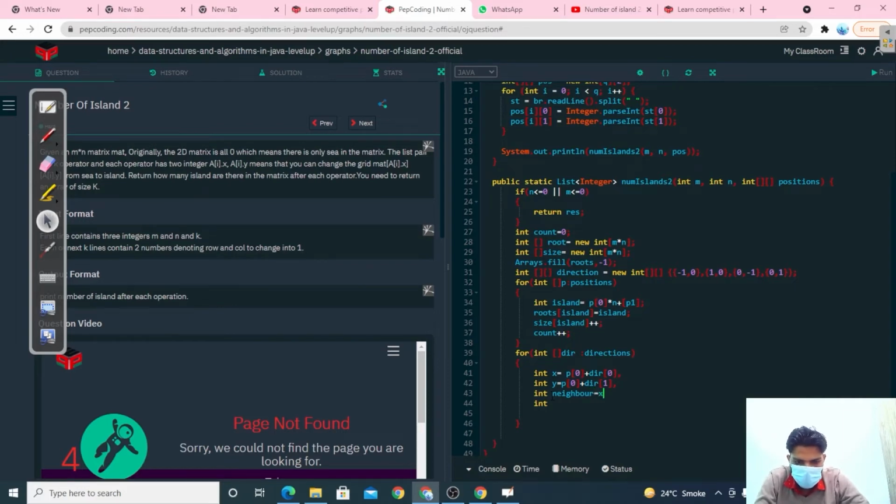For this, we have to do x multiplied with n plus y.